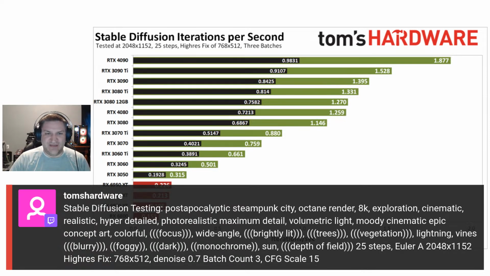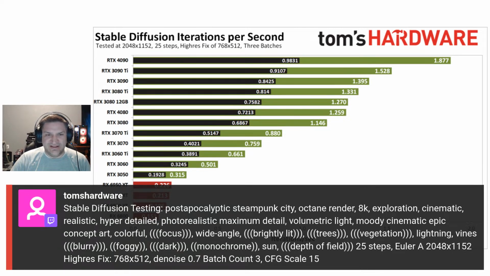The parentheses mean emphasize, so I said focused, really focused, wide angle, brightly lit, trees and vegetation, lightning and vines. Not all of them had lightning, not all of them had vines, so some things it doesn't quite get, but it generally does what you ask. And then I emphasized really not blurry or foggy or dark or monochrome.